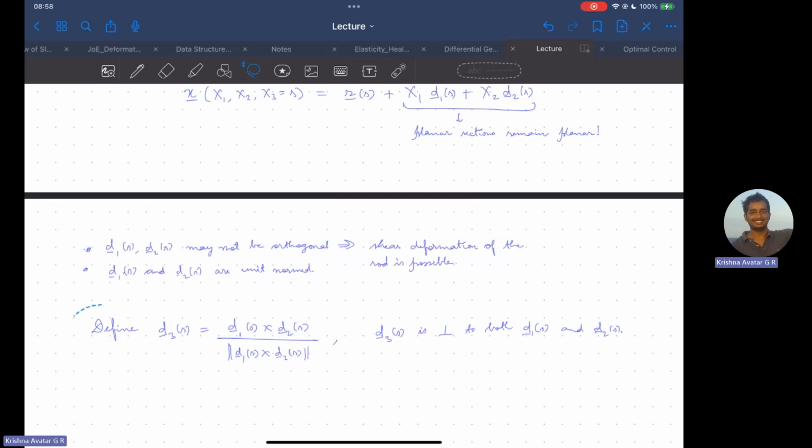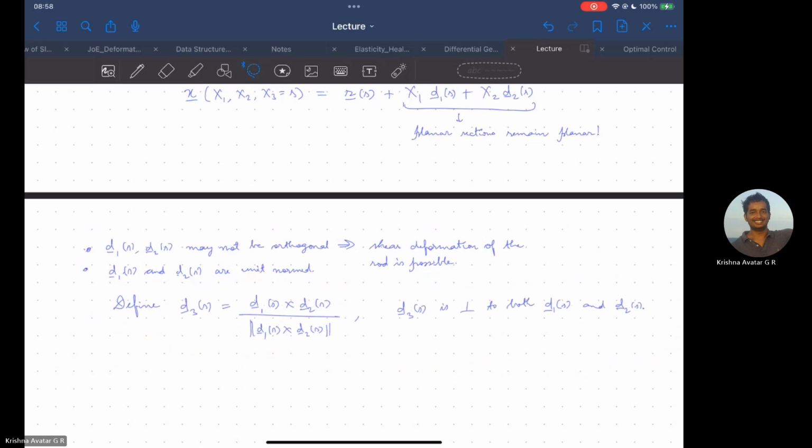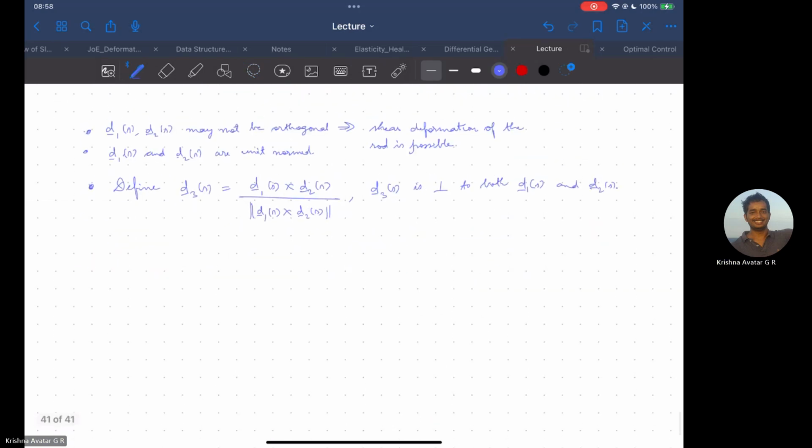So they define, or maybe describe, what we call the Cosserat rod.